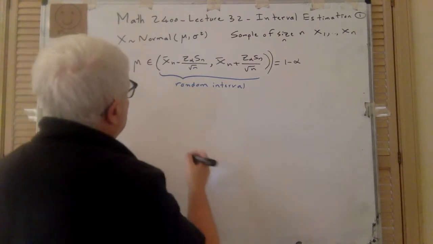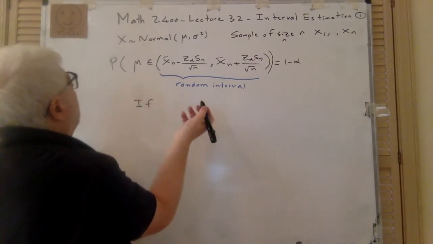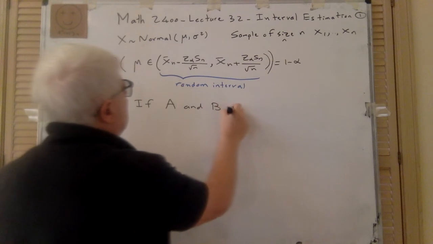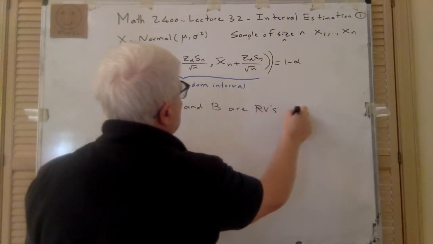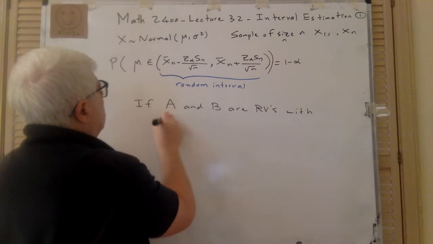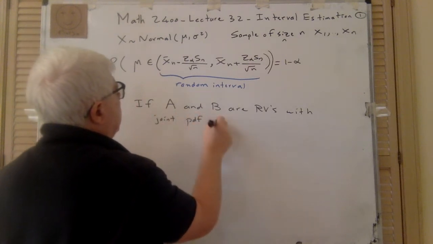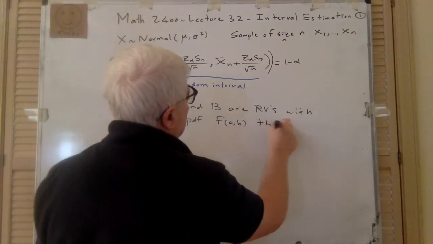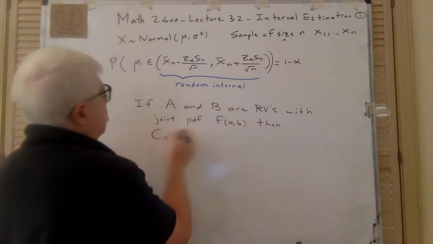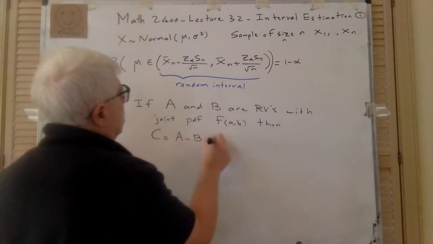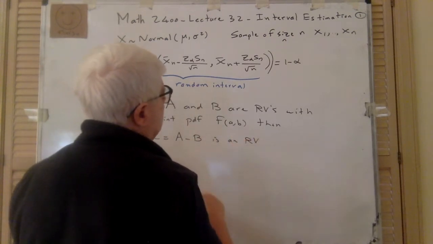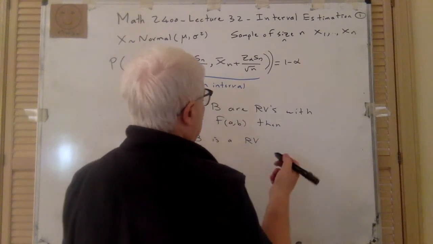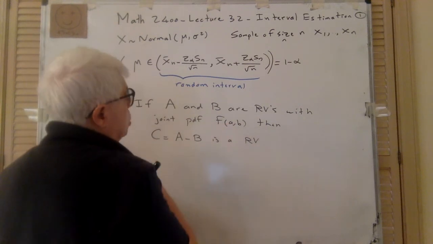If A and B are random variables with joint PDF, say f of A B, then C equals A minus B is a random variable which is related to these two and related to this joint PDF.